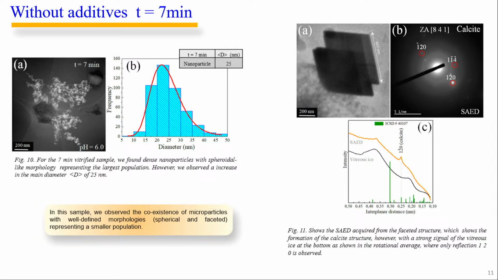However, we observed an increase in the mean diameter to 25 nanometers. Shown at the side, adhered, is a faceted structure; we show the formation of the calcite structure. However, there is a strong signal of the vitreous ice. At the bottom is shown the rotational base with only reflection 120 observed.